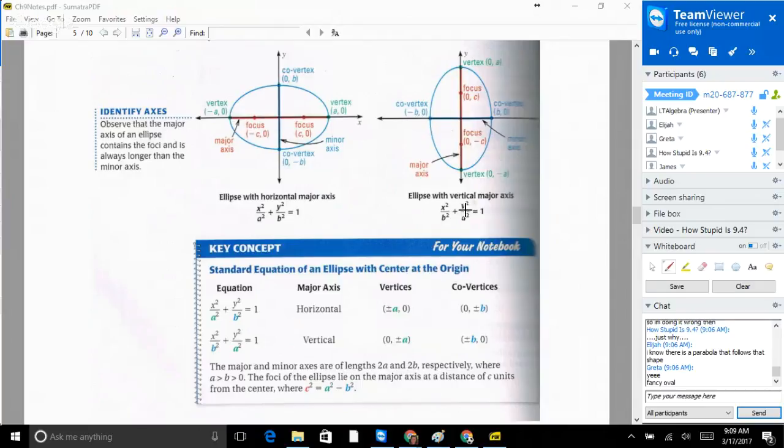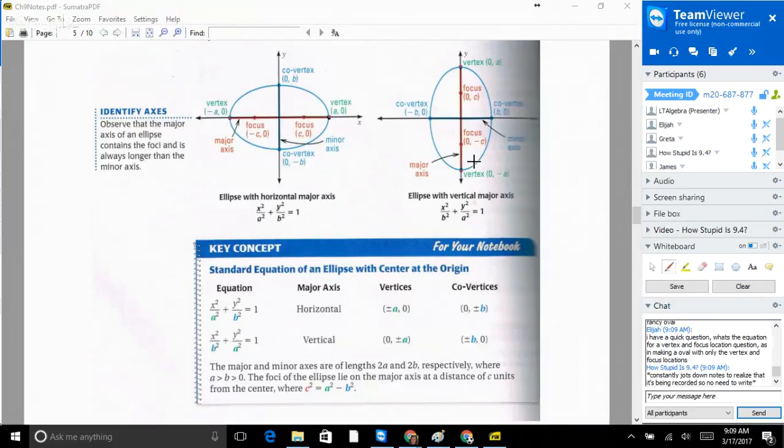And we call the vertex of an ellipse, let me switch colors. Let me read Elijah's question here for a second. So we've got the vertices, basically the largest part of the ellipse on the major axis. And over here, you'll see that the vertices are also on the major axis.